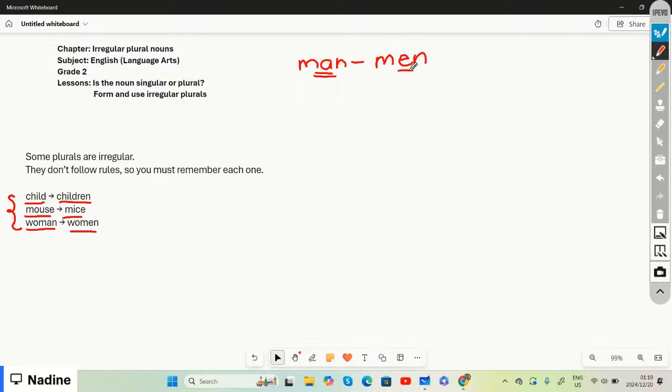So do you see how this word changes from one man to two or more men? It's the same as saying one woman, two or more women, and we add the E. Because that now shows that there are two or more of those people.